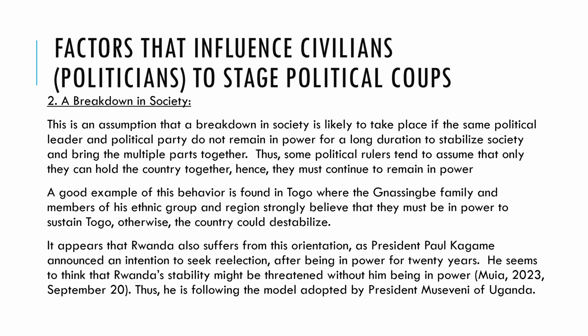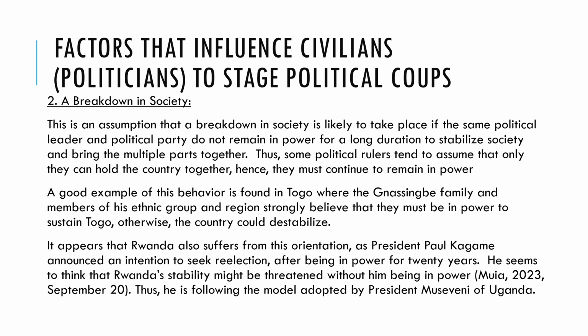A good example of this behavior is found in Togo, where the Gnassingbé family and members of his ethnic group and region strongly believe that they must be in power to sustain Togo, otherwise the country could destabilize.